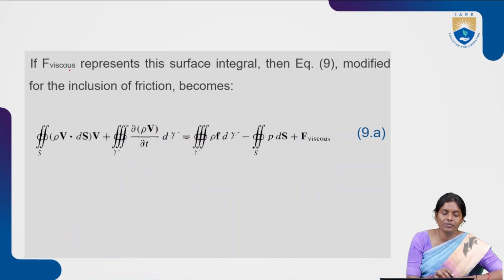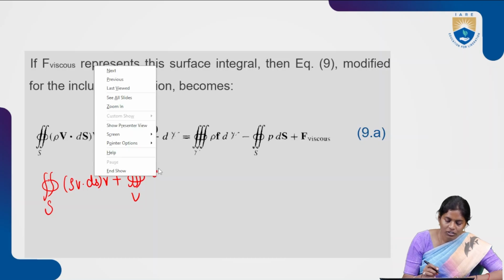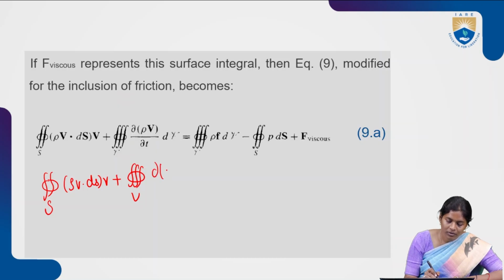If F viscous is represented as a surface integral, then we have the generalized equation: the surface integral of rate of change of momentum on the surface, plus the rate of change of momentum inside the fluid where fluctuations are present inside the control volume.